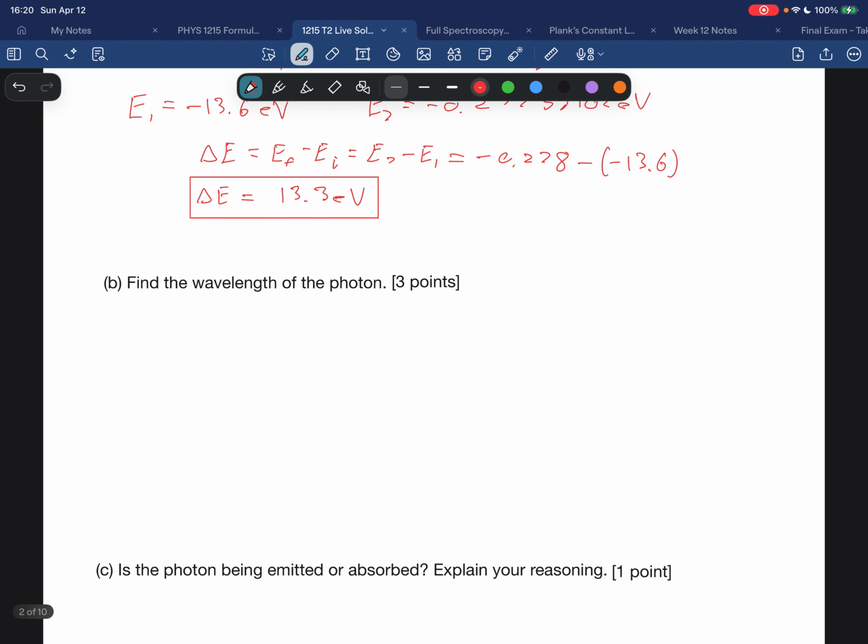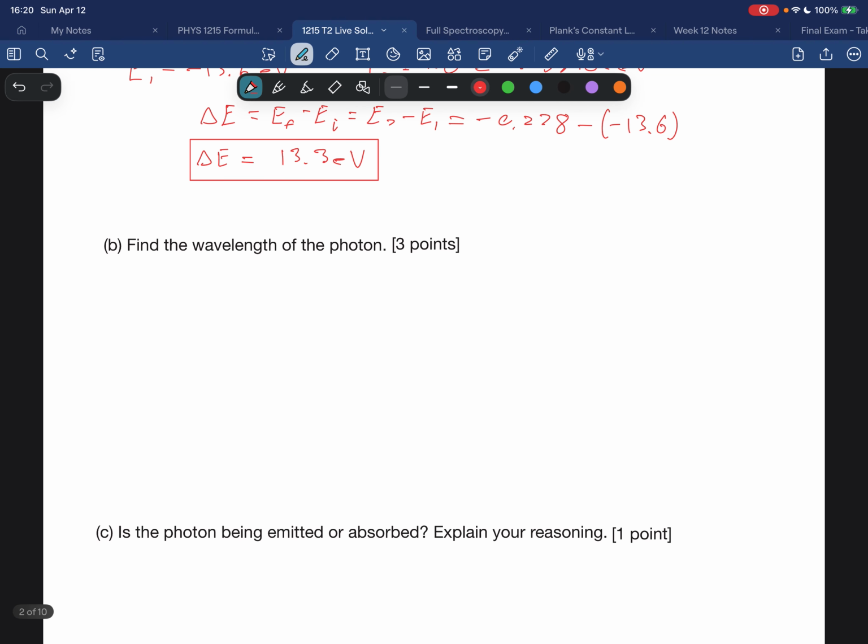For part B here, though, find the wavelength. So this one, again, there are multiple ways to find the change in energy or the wavelength here, but I'm using two different methods that were most commonly chosen by you guys. So here's our formula for wavelength that I'm going to be using. Rearranging everything and plugging in all at once.